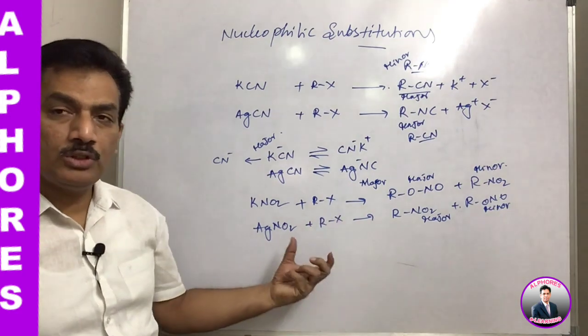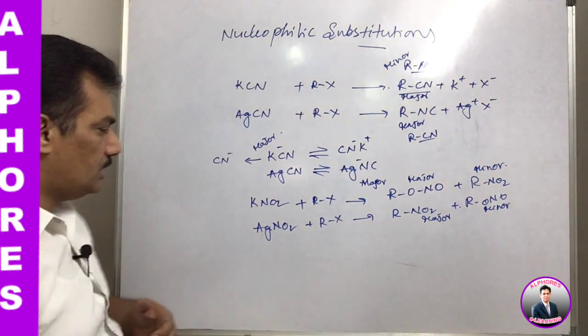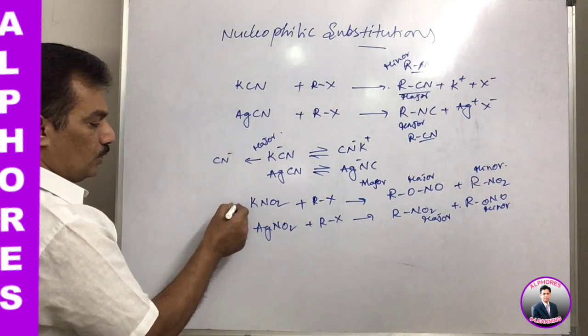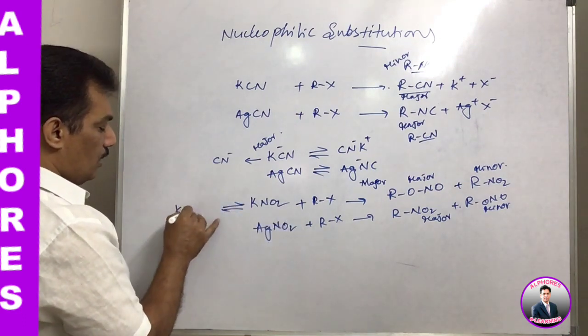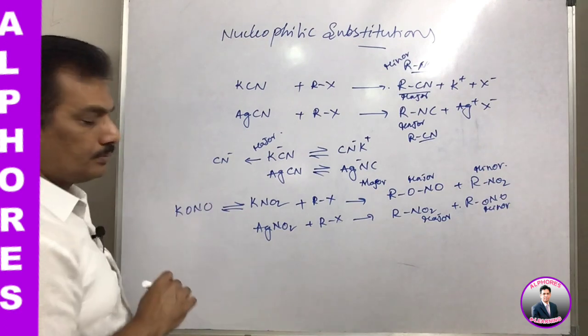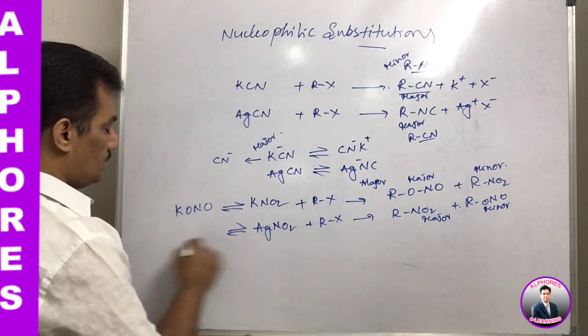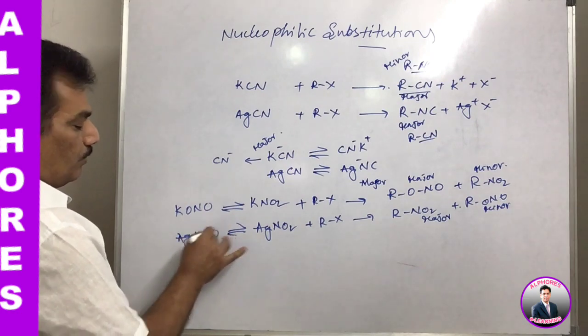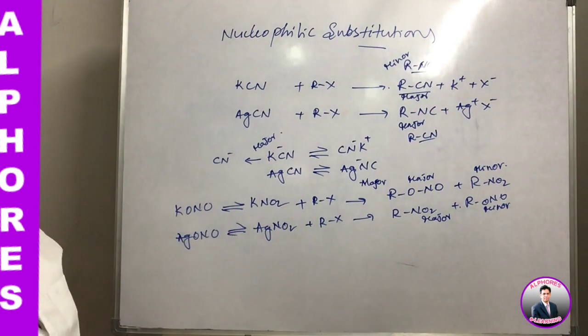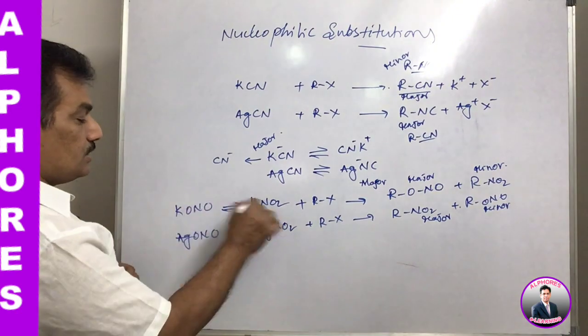Again here we should know what the reason is. The reason is that KNO2 exists in tautomeric form as KONO, and here also AgNO2 has a tautomeric form AgONO, like that. Are you following? But here this is the major.